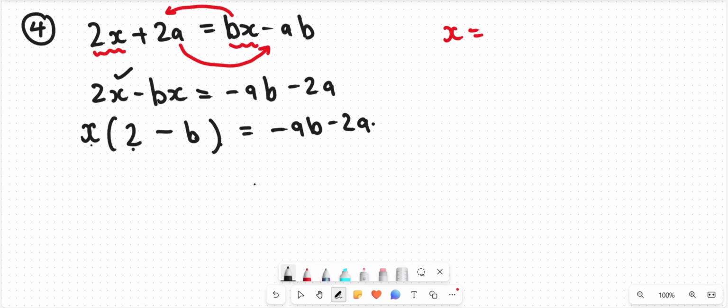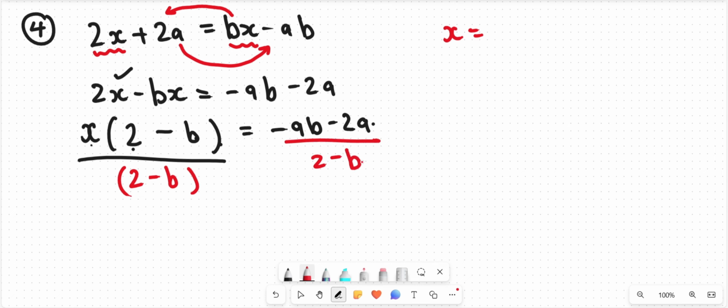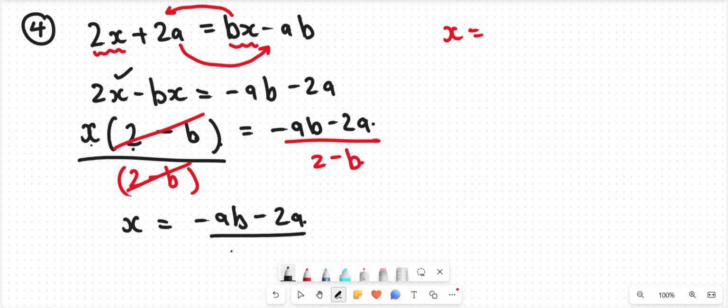Now that I have that, I can easily divide on both sides by what's multiplying my x. So this bracket here, divide by it on both sides. So this would cancel with this. And so x is equal to negative ab minus 2a over 2 minus ab.